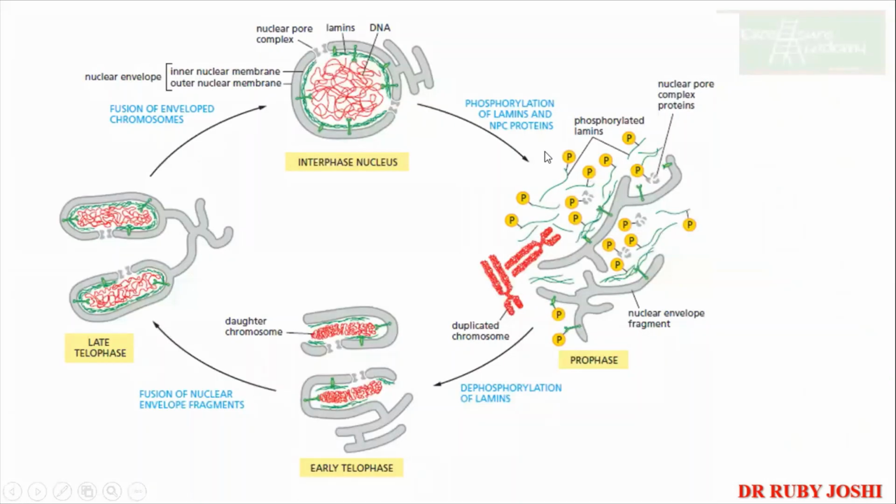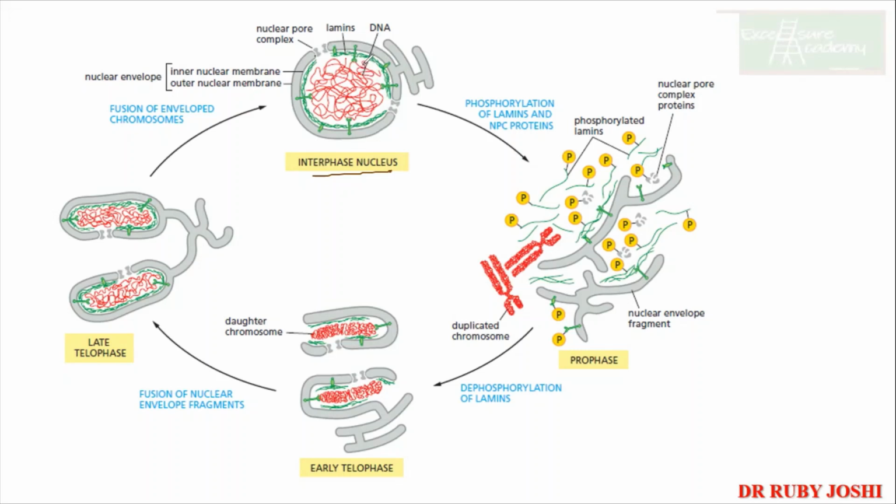Now this figure is really very important. Listen carefully, because I'm going to ask one of you to explain it again. Here you have your nucleus, present in interphase. Now you have the NPC, the green colored things are the lamins, and inside you have your chromatin, the DNA. Now what is happening is that phosphorylation of lamin protein is happening.